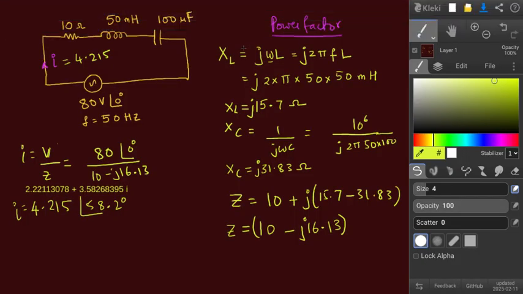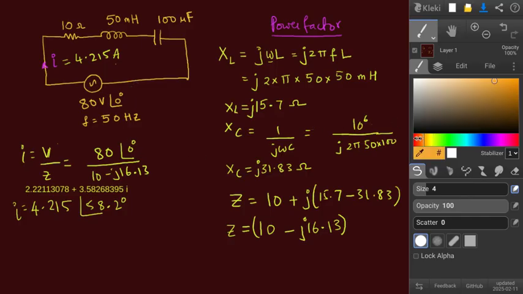So if I connect an ammeter here, that will measure 4.215 amperes of current. Again, up till here is everyone clear?